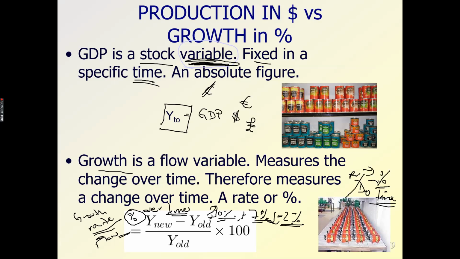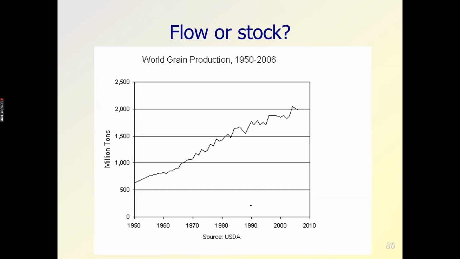This is definitely telling us that we're producing less than last year, but here we're producing more than last year. Even if last year it was 10%, now we are producing at a lower pace than last year, but we are still producing 7% more than last year. So that's how we read the growth rates of the GDP.